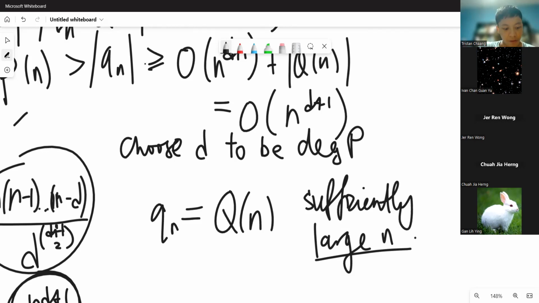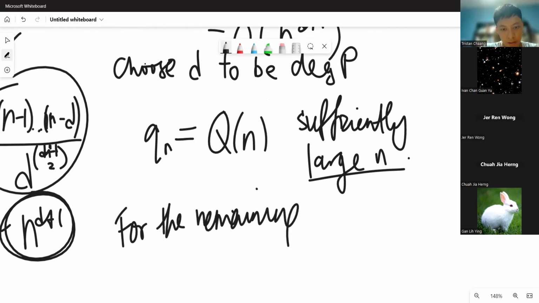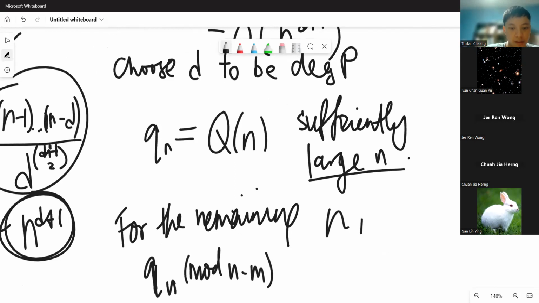Like if you're not convinced, I can just write it out for you. It's just like this. For the remaining n, Qn mod n minus m is equal to Qm.